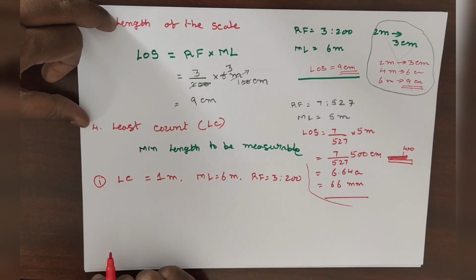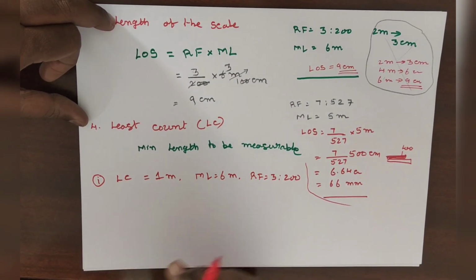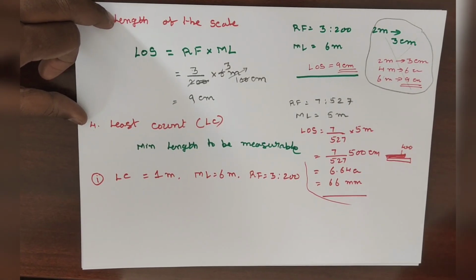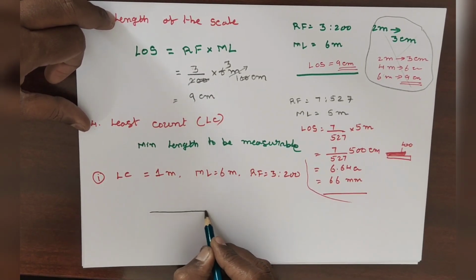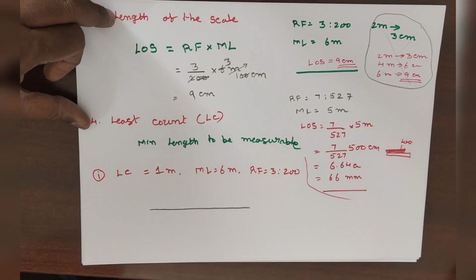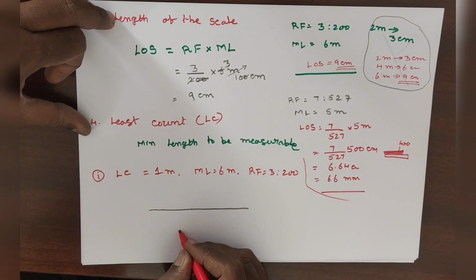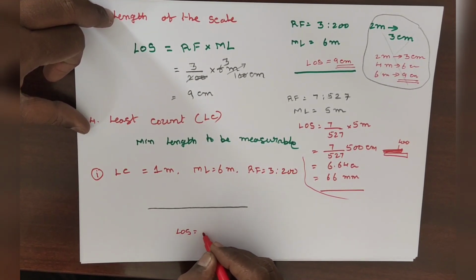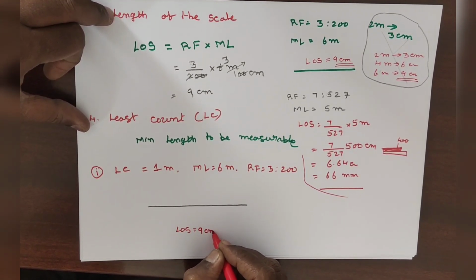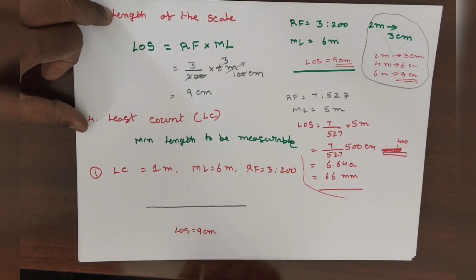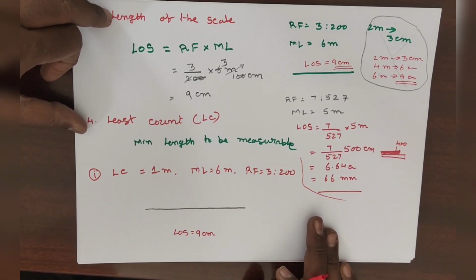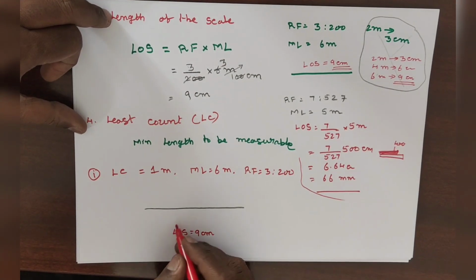What is the least count, sir? 1 meter. So what do I have to do? You have to draw a line. How much length is it? 9 centimeters. So the length of the scale is equal to 9 centimeters. But how much is it representing? 6 meters.